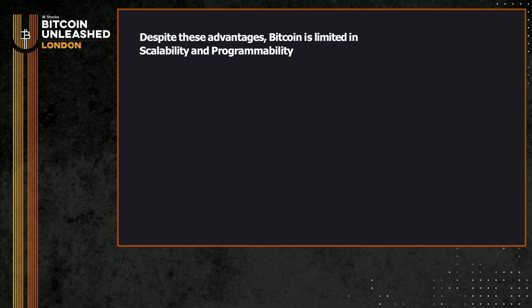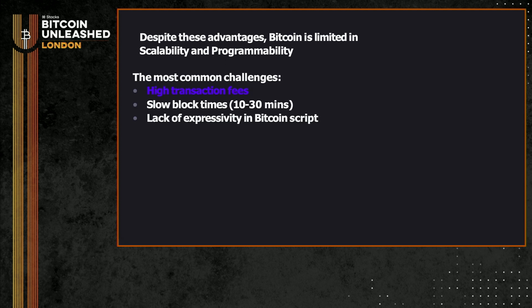However, despite these advantages, Bitcoin is still limited in its scalability and programmability. I speak to a lot of developers building on Bitcoin, and some of the main challenges that we hear are that Bitcoin has high transaction fees, especially during times of increased network congestion.